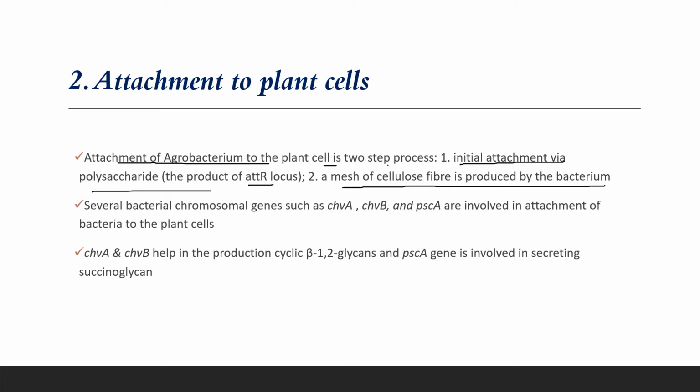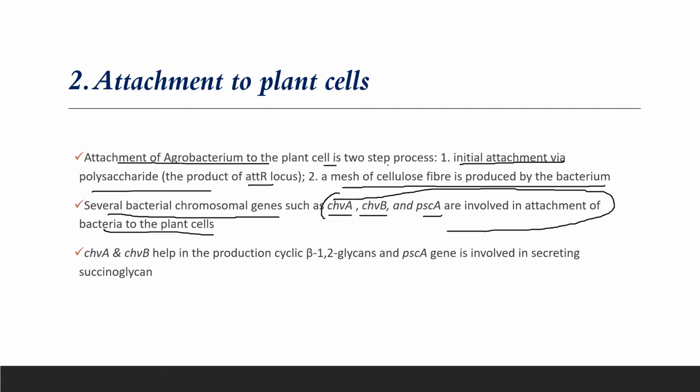Also, several bacterial chromosomal genes such as chvA, chvB and pscA are involved in the attachment of bacteria to the plant cells. These are some of the important genes that you might note down for the understanding of agrobacterium-mediated gene transfer.